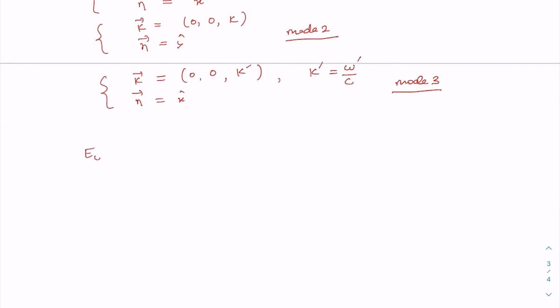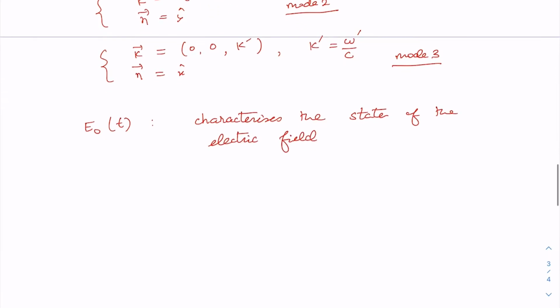So let me write here E0(t), which characterizes the state of the electric field in a given mode.